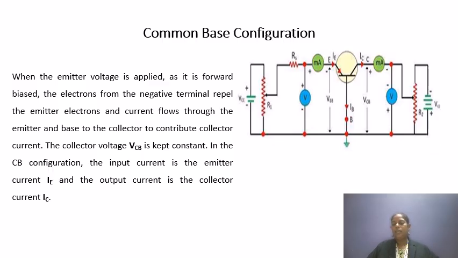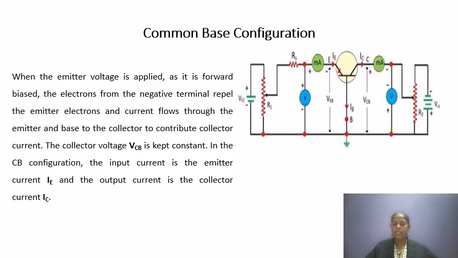See, this is the common base, and the arrow is pointing inward, which means it is the NPN transistor. The emitter voltage is applied, and it is forward bias.